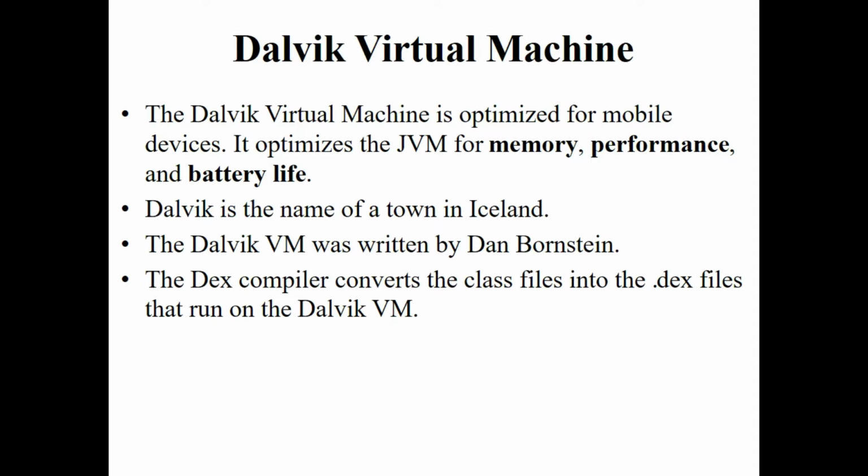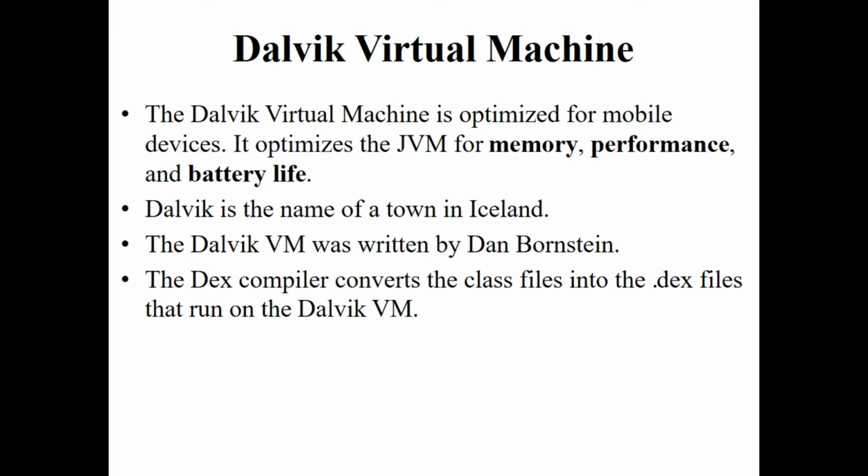You know that JVM is a large software that is available for desktop or laptop. As compared to desktop and laptop, mobile space and mobile memory were not so big at that time.